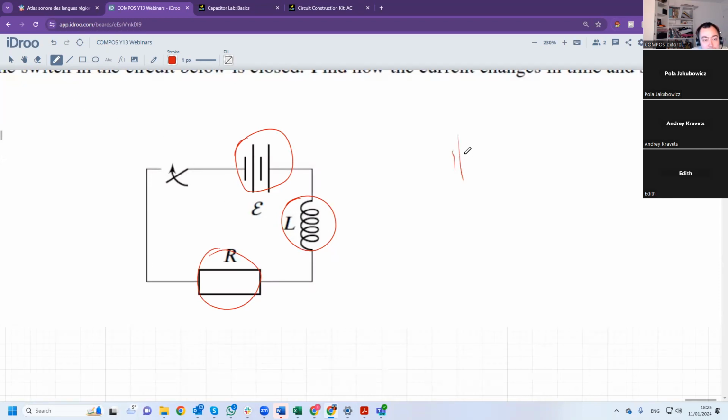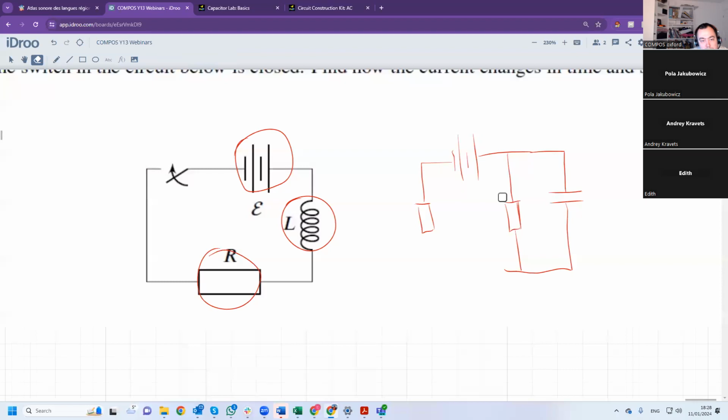Compare this to this circuit. At first, the current has a choice.